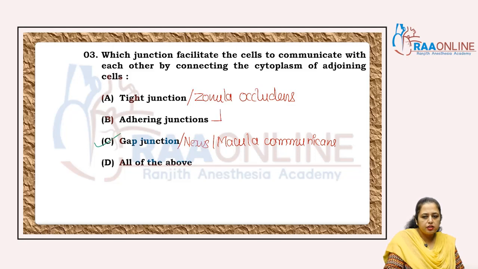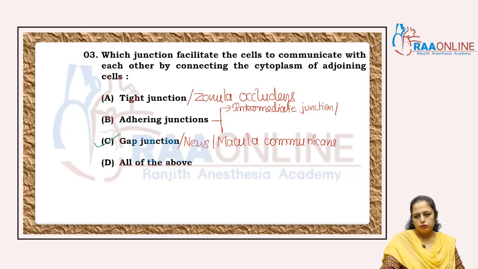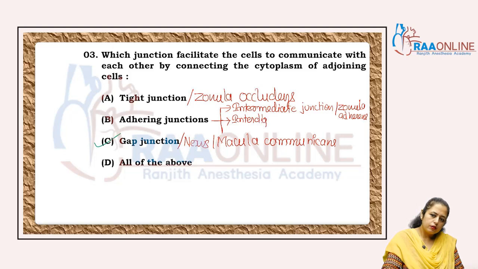In that adhering junction, there are some junctions present, which are called the intermediate junctions, which are also known as the zonular adherence, interdigitation, right?